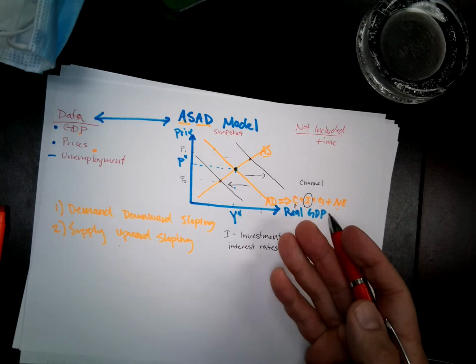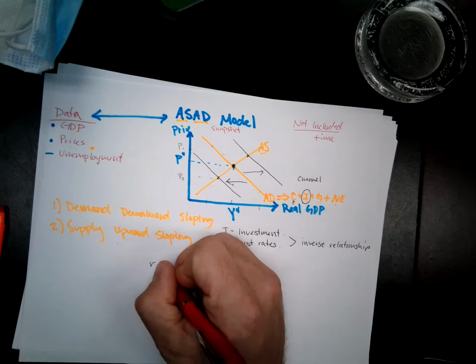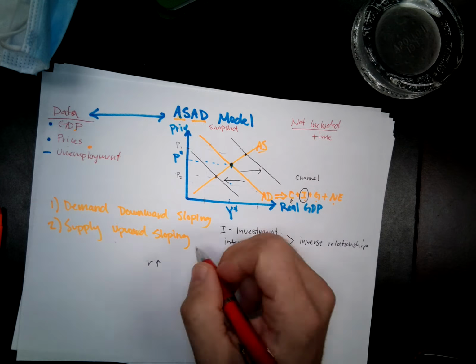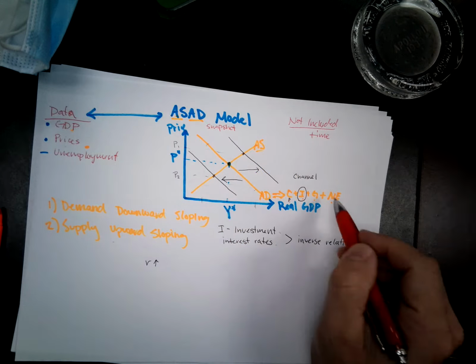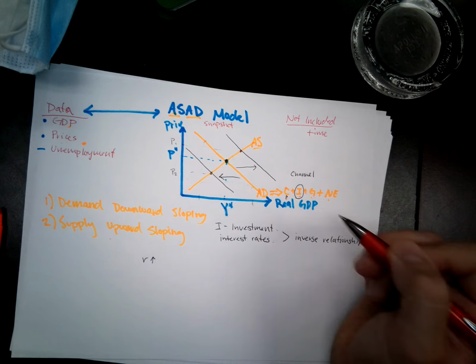Looking at this channel now, you have all the links. So say interest rates were to go up. What does this do? This could act through maybe a couple of channels, but the main one we'll look at is investment.